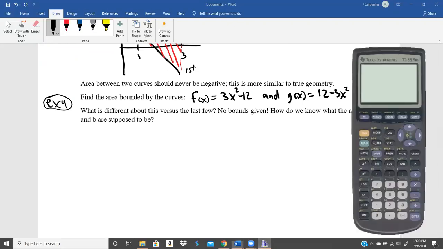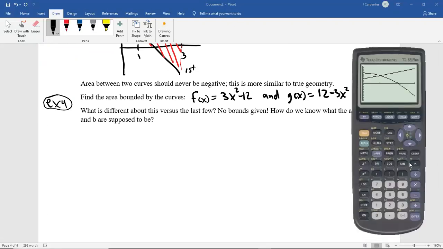Let's look at the graph and see if maybe we can deduce this. So let's go back to this: 3x squared minus 12 and 12 minus 3x squared. Zoom 6. So there's the f of x, there's the first one, and there's the g of x.